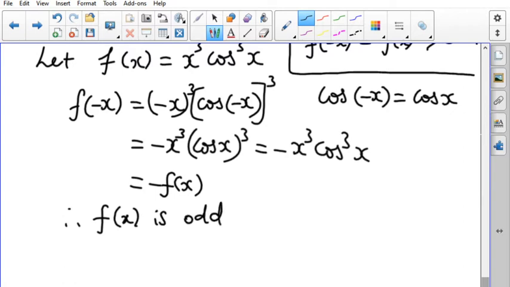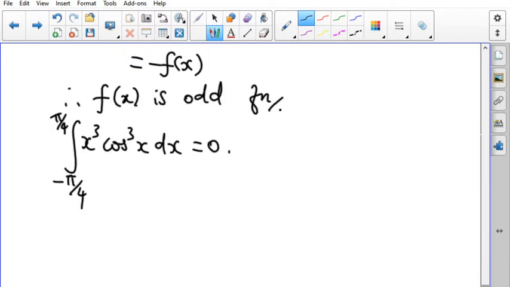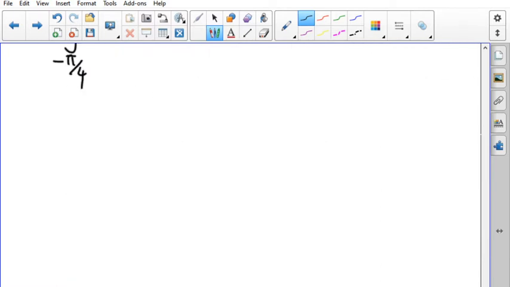For an odd function the value of the integral is 0. So integral minus pi by 4 to pi by 4 x cube cos cube x dx is equal to 0. This is very easy. Once f of minus x becomes minus f of x, it is an odd function and the value of the integral is 0. Now let us go to problem number 2.